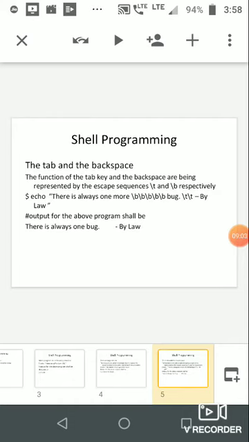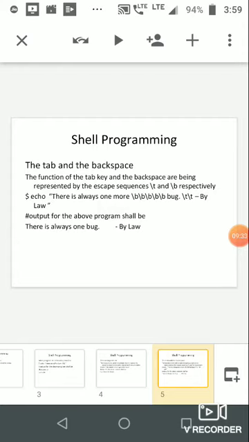For the function of the tab key, there is an escape sequence, that is \t. So you know that as in our previous examples, \n is for new line, \r is for the carriage return function. These are all escape sequences, or you can say backslash characters also.